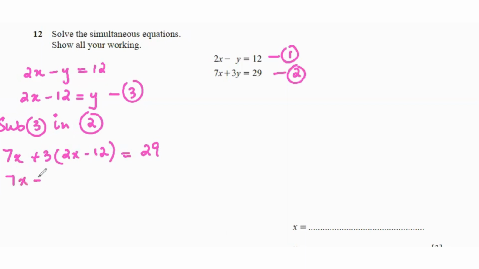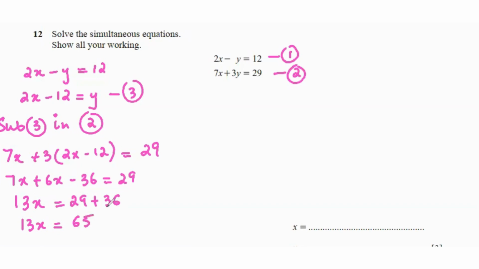So 7x plus 6x minus 36 equals 29. 7x plus 6x is 13x, and 29 plus 36 is going to be 65. So now we do x equals 65 over 13, which is basically going to equal 5.